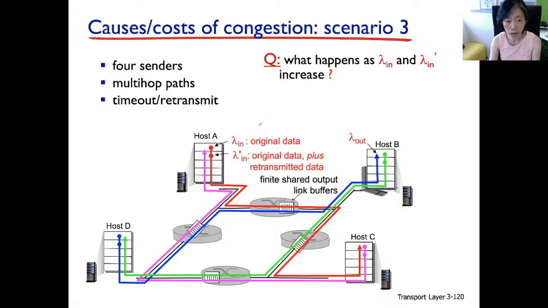Now let's focus on the red flow coming from host A and the blue flow coming from host D. Okay. And these flows will increase the sending rate lambda in. And therefore, lambda in prime will also be increasing, and sometimes increasing faster than lambda in. Now what's going to happen when lambda in and lambda in prime increase?